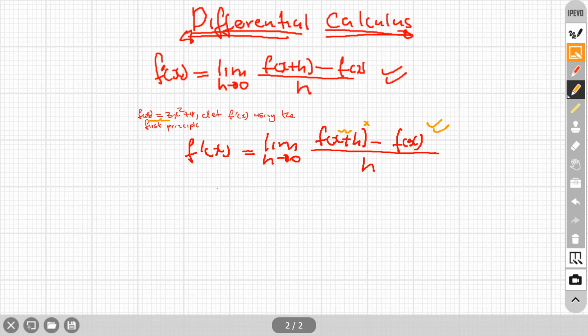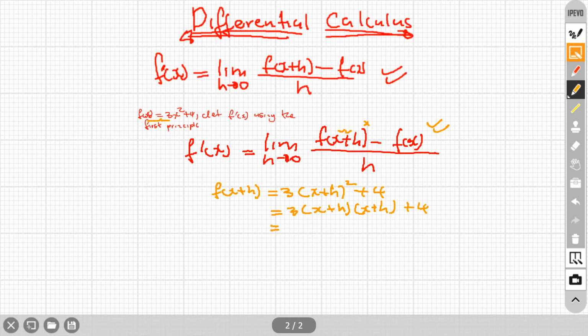So f of x plus h is going to be equal to 3 into (x plus h) squared plus 4. Squared means two brackets of the same thing, plus 4.